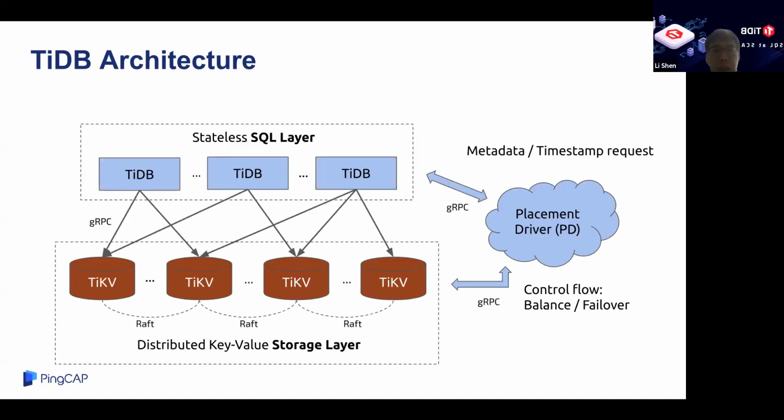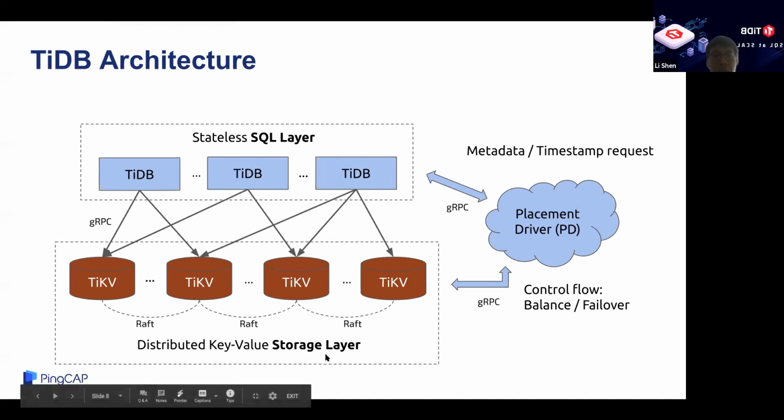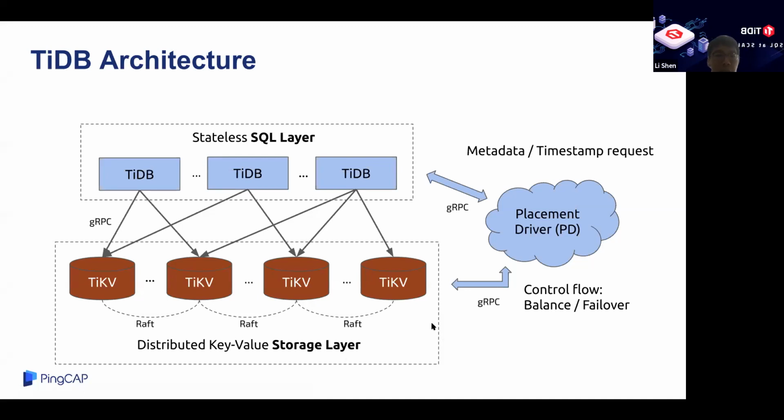This is the high-level architecture of TiDB. As you can see, on the top is the TiDB, the SQL layer, a stateless SQL layer, and the SQL layer doesn't store data in itself. The data is actually stored in the TiKV layer, which is a distributed key value storage layer.